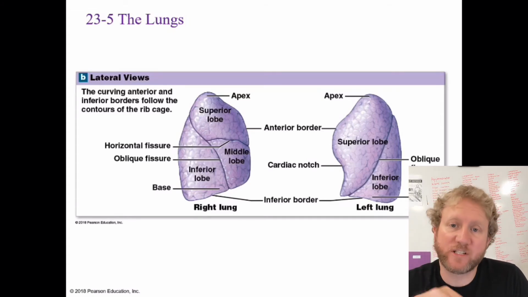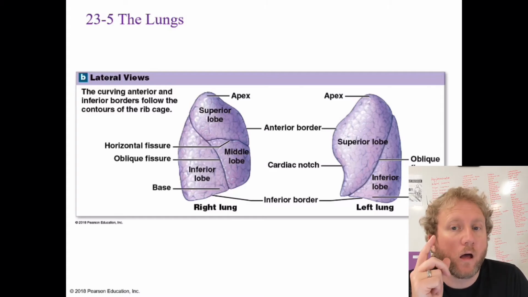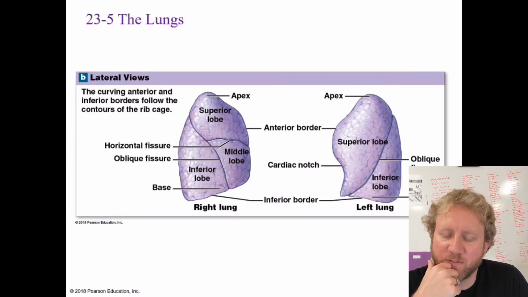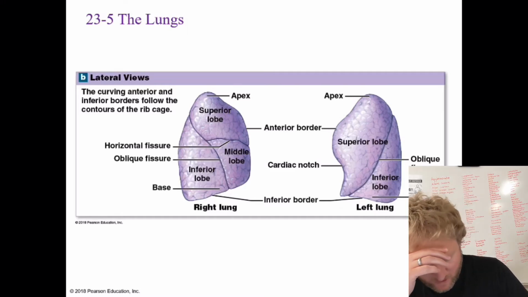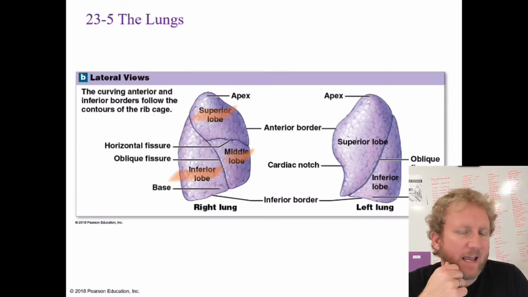The lungs are separated into separate lobes, and we kind of looked at that when we looked at the airway branches that go into the different lobes and stuff like that. And so the right lung has 3 lobes, the superior lobe, the middle lobe, and the inferior lobe.